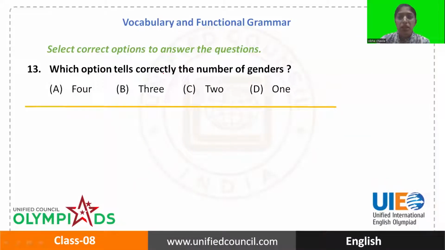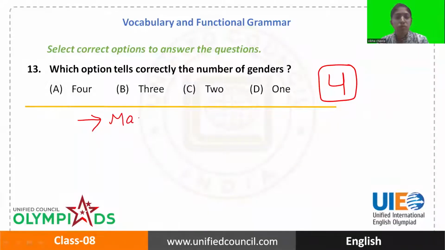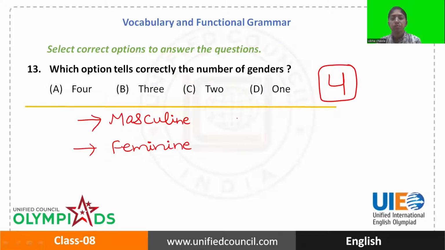Next up, we have question number 13. Which option tells correctly the number of genders? 4, 3, 2, 1. So there are 4 genders. Okay, if I have to name them, these are masculine, feminine, common, and neuter.